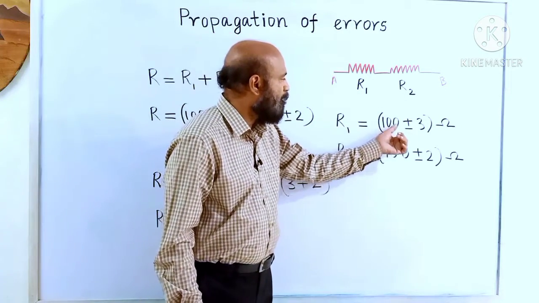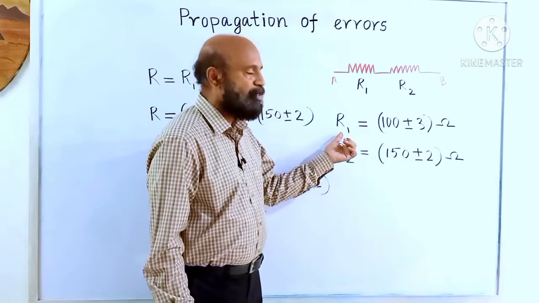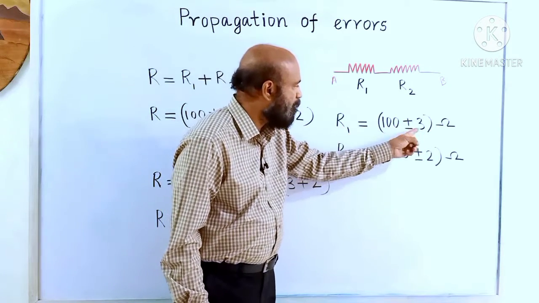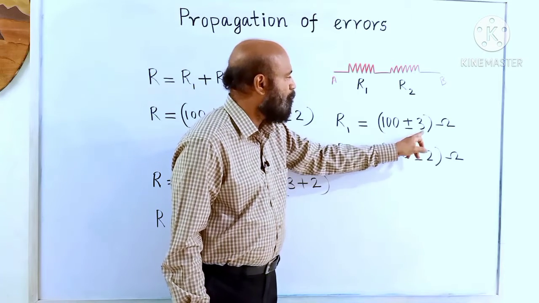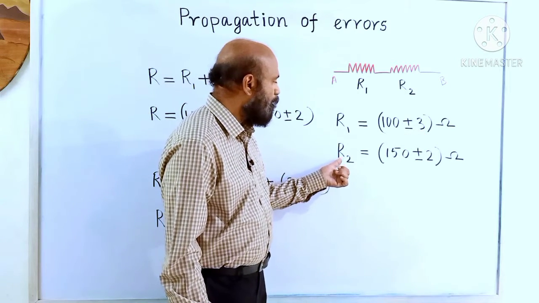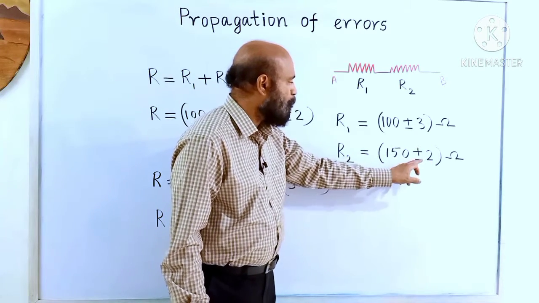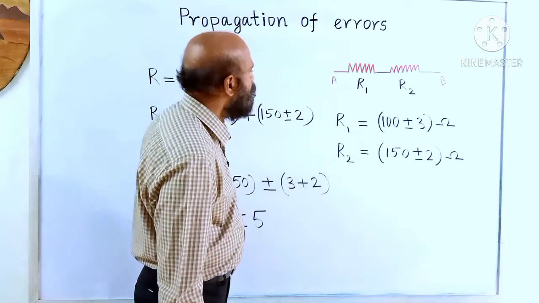R1 is 100 plus or minus 3 ohm. So in the measurement of R1 there is an error of 3. In the measurement of R2 there is an error, that is 2. R2 is 150 plus or minus 2.